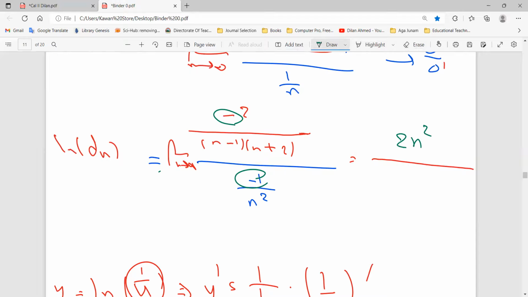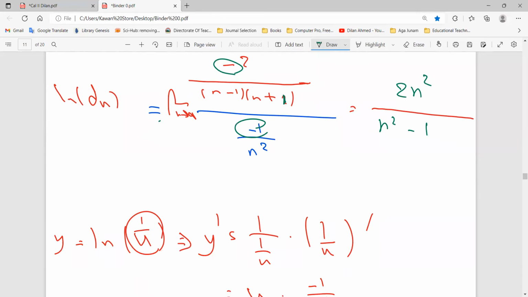And in the denominator of here, I'll get n squared minus 1. And the result of this limit is equal to what? 2. Why 2? You know. So ln of dn, you are right, the coefficient. Well done. ln of dn equals 2.